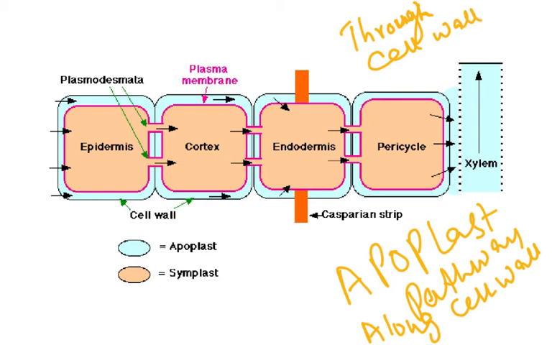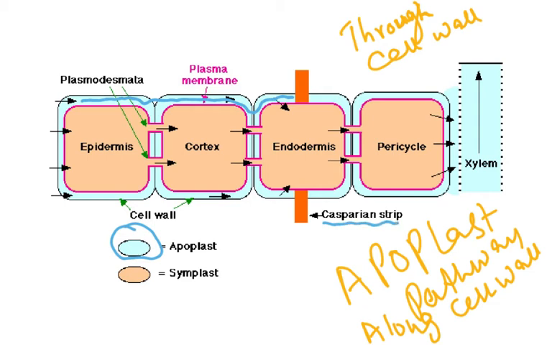Now if you look at the apoplast pathway, that has been labeled in a blue shade, this one here, and you see there's a xylem vessel. As the water is being carried up, the apoplast pathway is through the cell walls, and that's why the apoplast pathway is blocked when it reaches the Casparian strip.